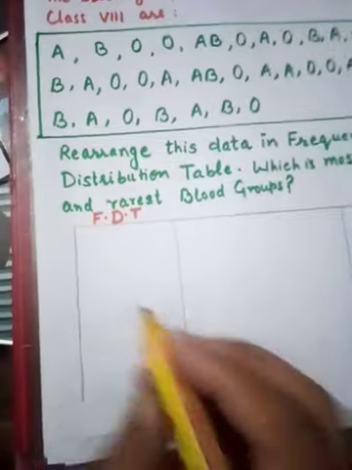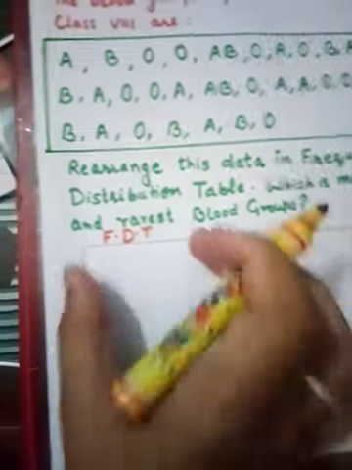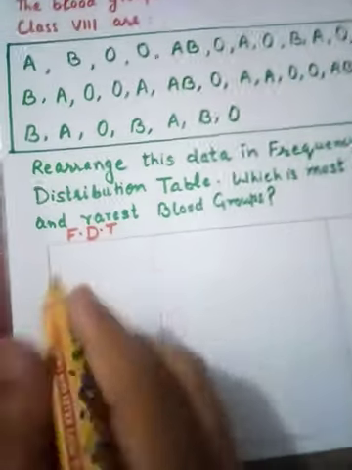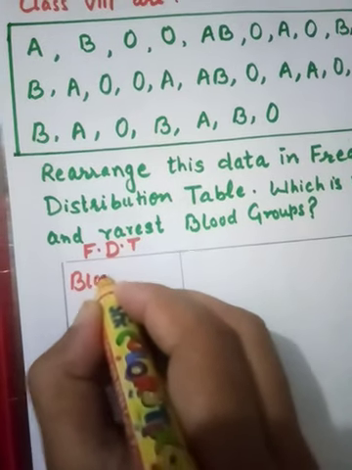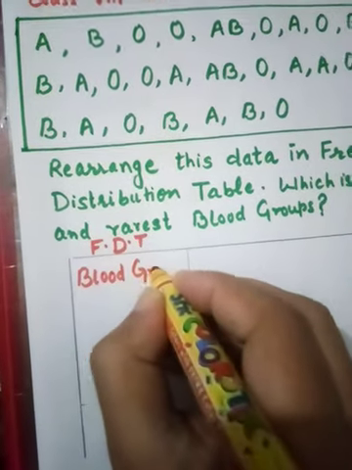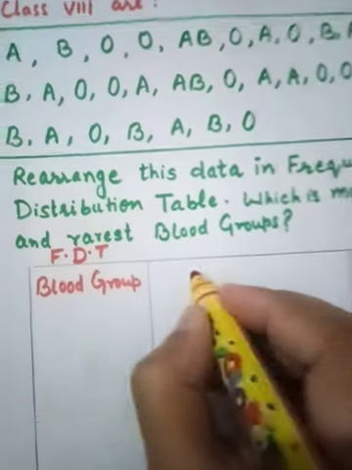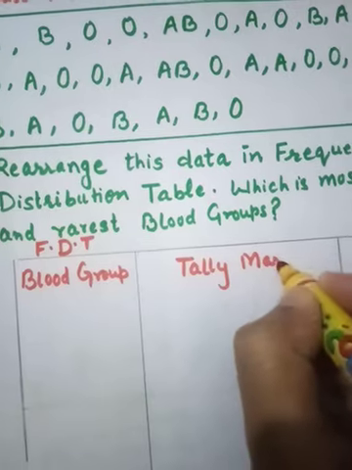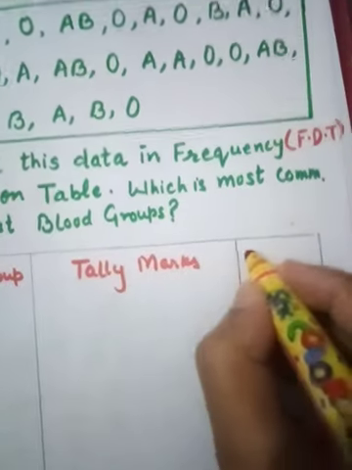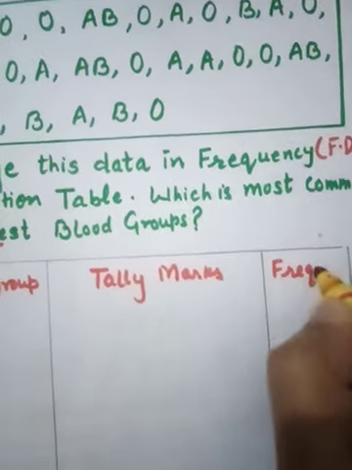Now I've made 3 columns over there. In the first column I'm writing blood group. In the second column I'm writing tally marks. In the third column I'm writing frequency.